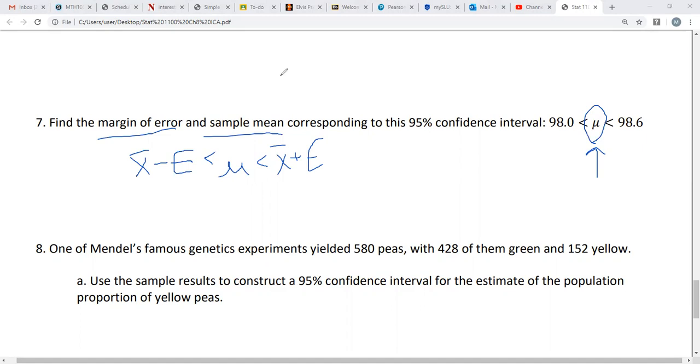So if I look to find the middle value between 98.0 and 98.6, I can add those and then divide by 2. It's going to tell me the value that's directly in the middle. So I should have a value of 98.3.